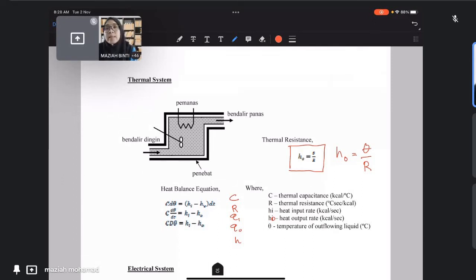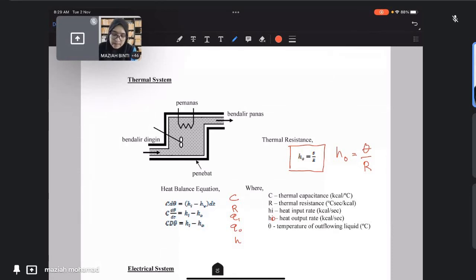Again, it is actually the difference between temperature between two rooms. But here we consider only one room, so the theta is only 1. Then the resistance is R there. So it is similar to Q equal to H over R.